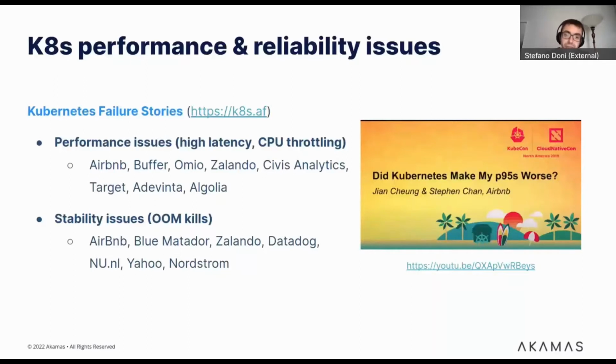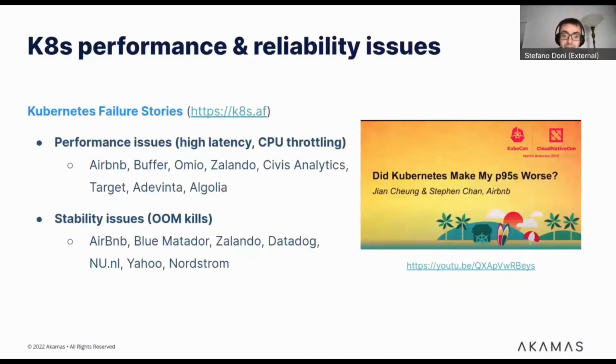And it's not just performance issues, but also stability issues that may arise, like out-of-memory kills. We will see what it means in a couple of slides. So the fact that applications may get killed while they are running if they consume too many resources is another potential outcome of not properly configuring our applications on Kubernetes.